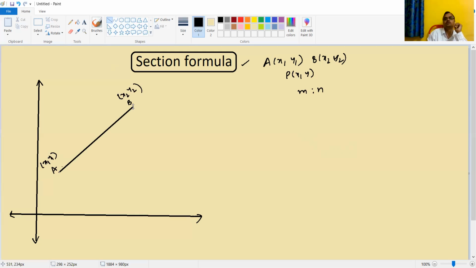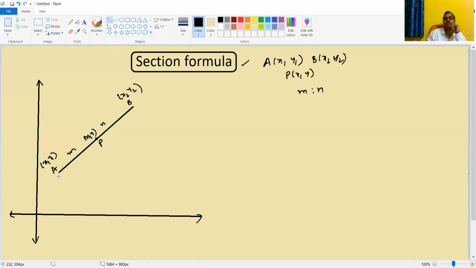Now there exists a point P which divides AB in the ratio m:n. Okay, now what to do from here? So we have to find the coordinates of P. P is (x, y). Okay, we have to find the coordinates of P.